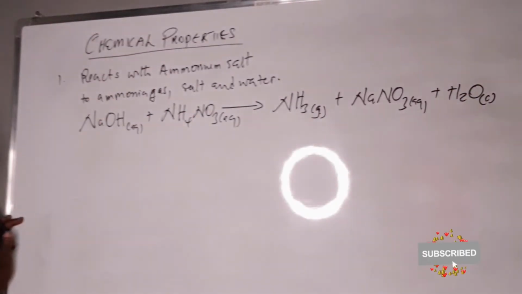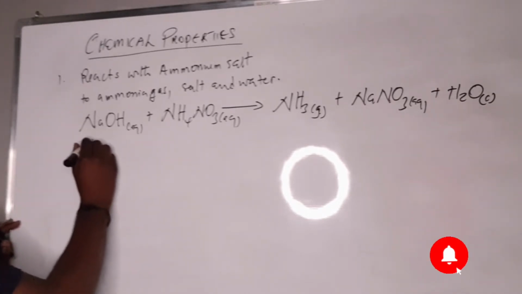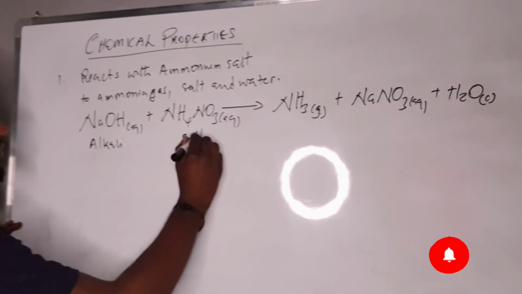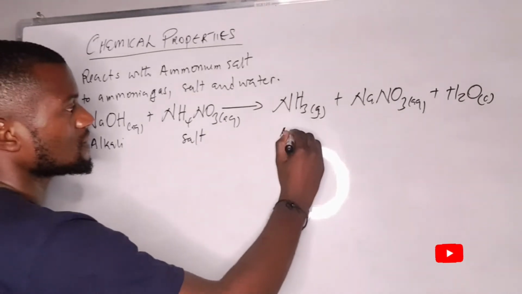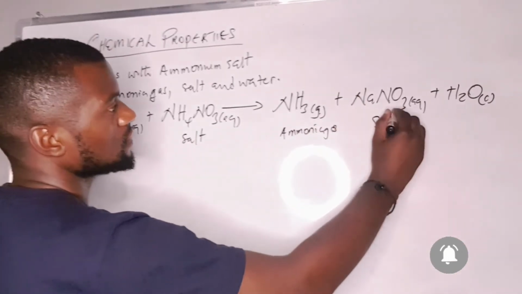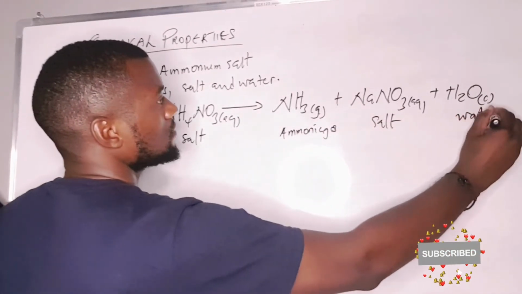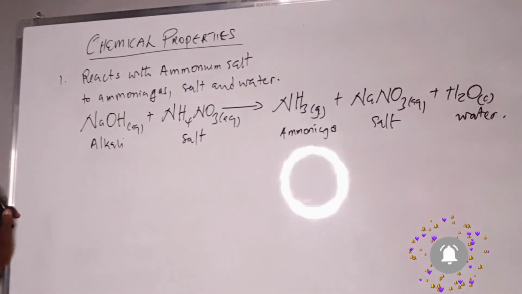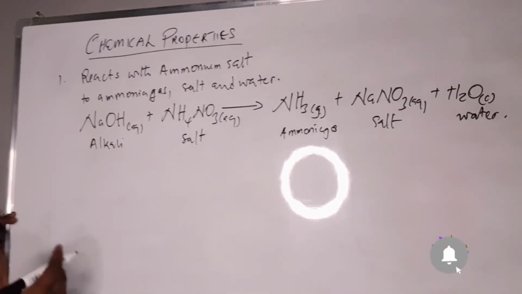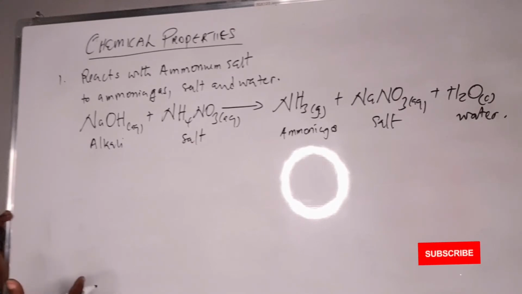So this one is an alkali, then we have an ammonium salt, and we have ammonia gas, a salt which is sodium nitrate, and water. So they are able to react with an ammonium salt in order to produce ammonia gas, salt, and water.